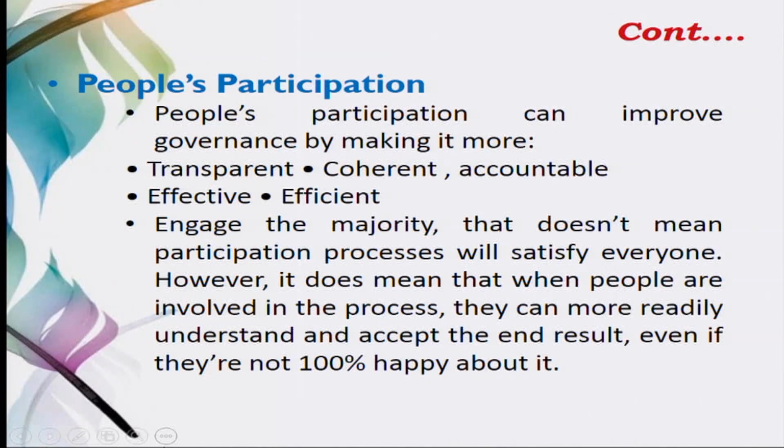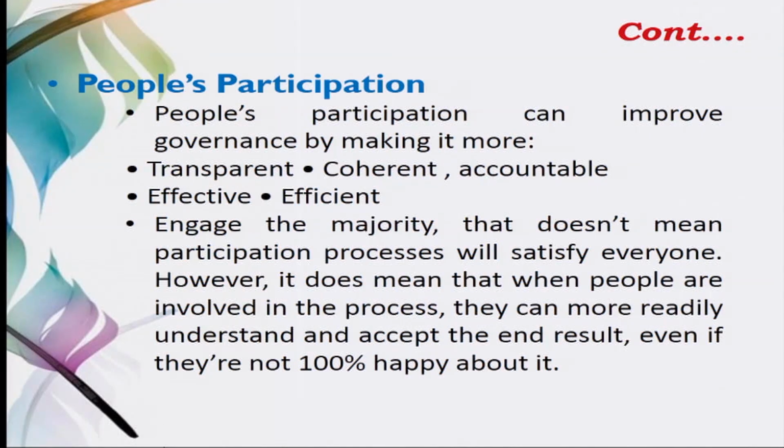People's participation can improve governance by making the administrative system more transparent. We are going to make a coherent system, and make the system very accountable to the society as well as the people. At the same time, we are going to enhance the capacity, that is the effectiveness, of the system, and deliver services in an efficient way.